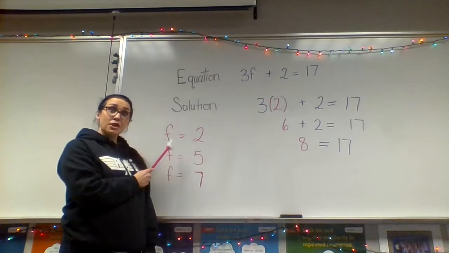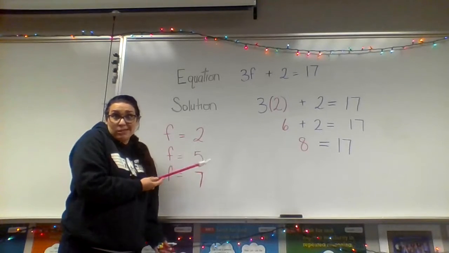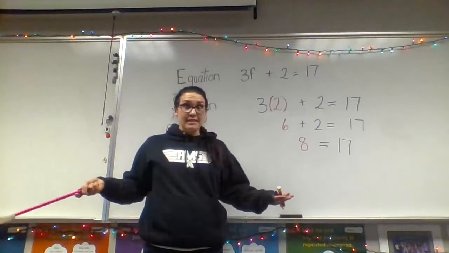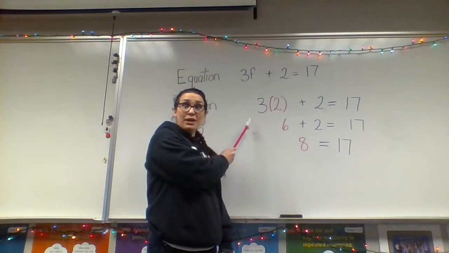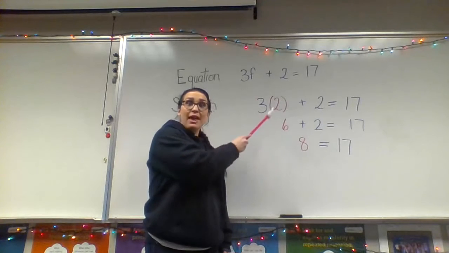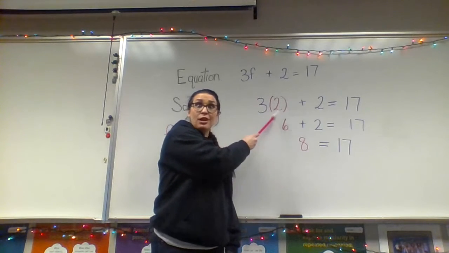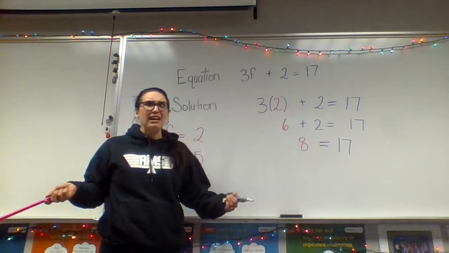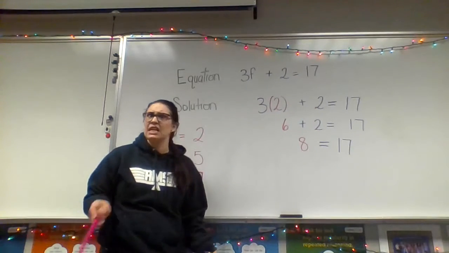So I first started with f equals 2 because that was the first one. So I take this equation that we've already established, and I'm now going to plug in the number 2 whenever I see an f. So now we actually have 3 times 2 plus 2, and I need that to equal 17. But it does not equal 17, and I can prove it to you.